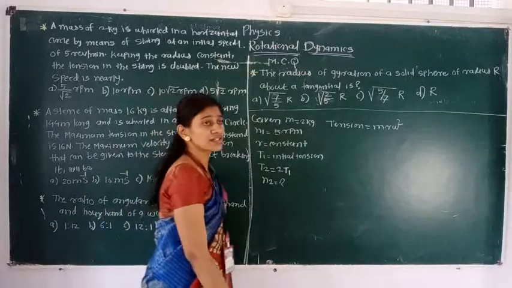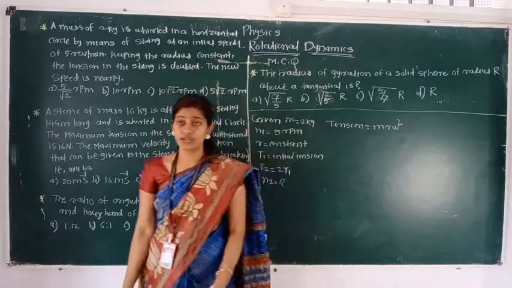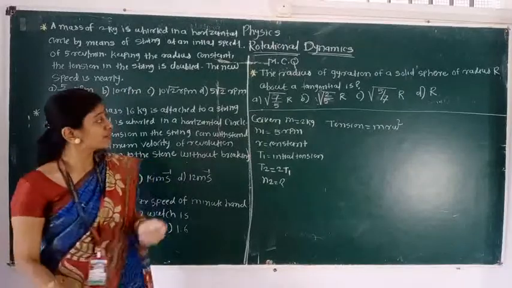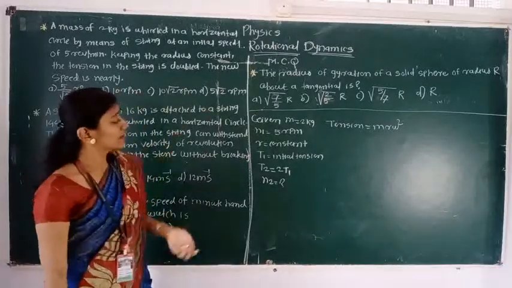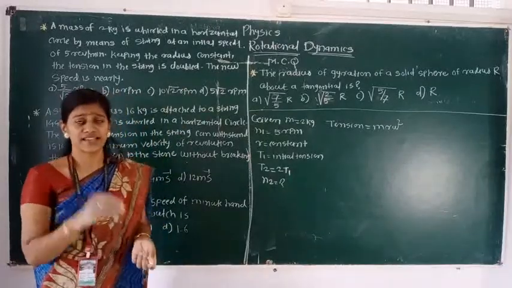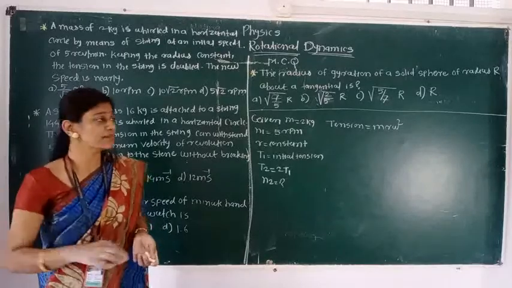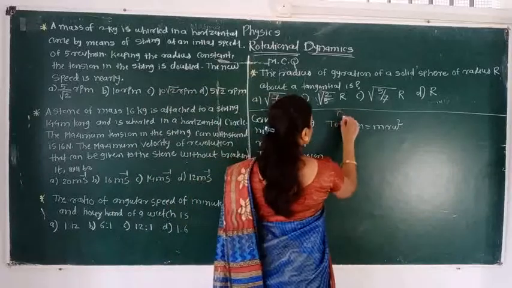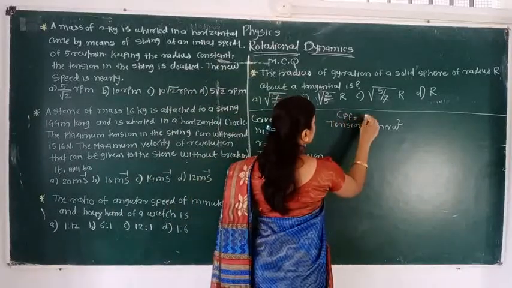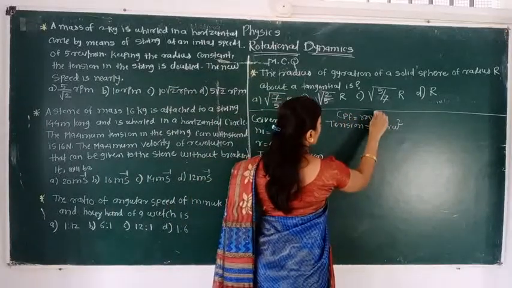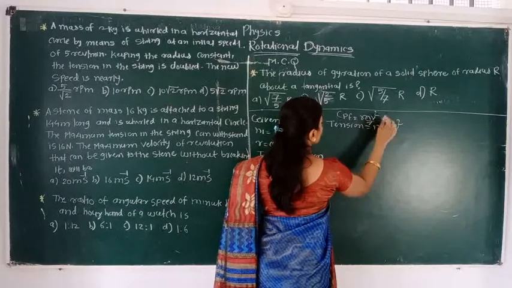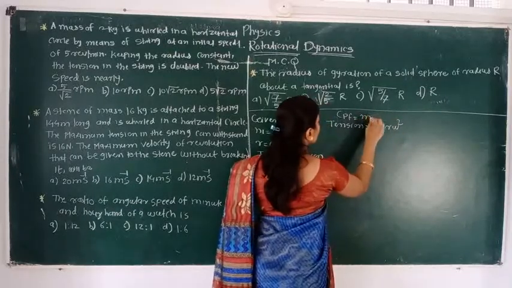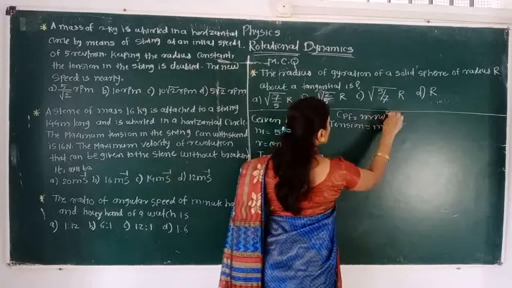We know any object revolving in circular motion needs the centripetal force. When the tension is present, in this case, the necessary centripetal force we are getting from the tension. So we know the formula, centripetal force is equal to m v square upon r. Otherwise, I will write this formula, m r omega square.